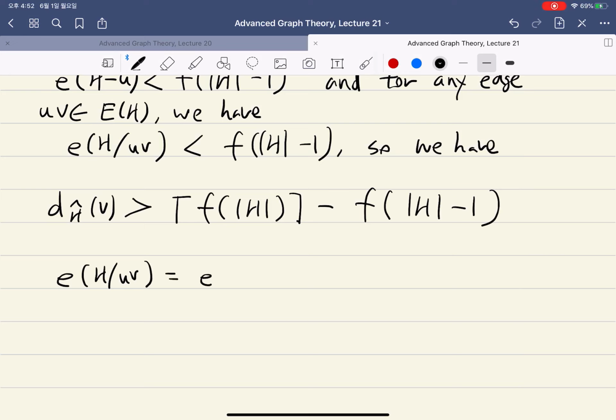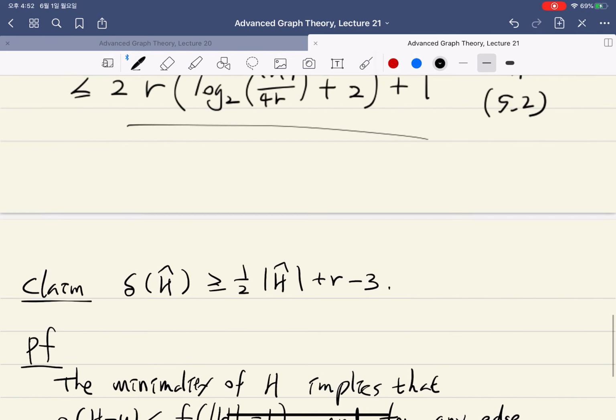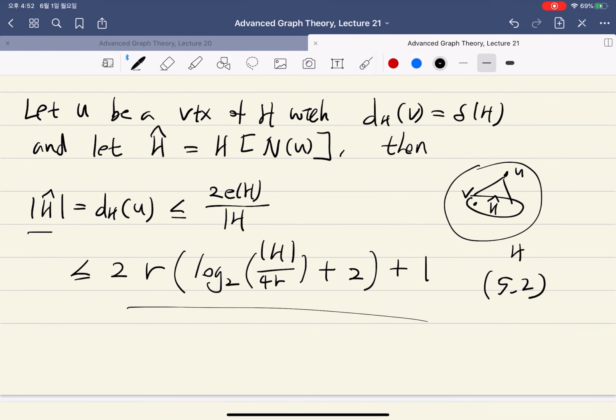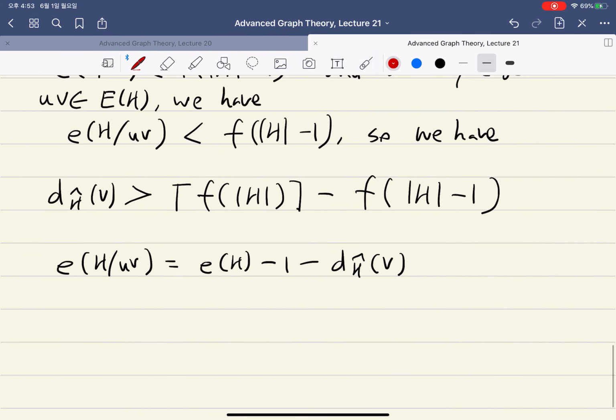This is the number of edges in H minus 1 minus the degree of V in H hat. This is because V here and any edge here is actually forming a common neighborhood of V and U together. And we know that this is the same as this.